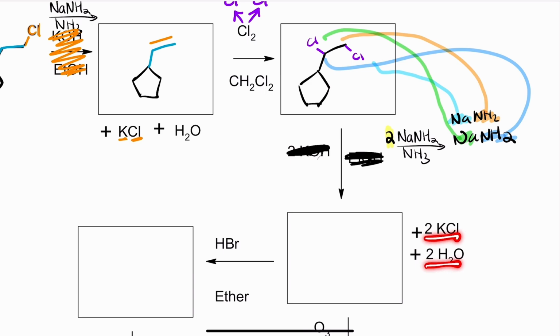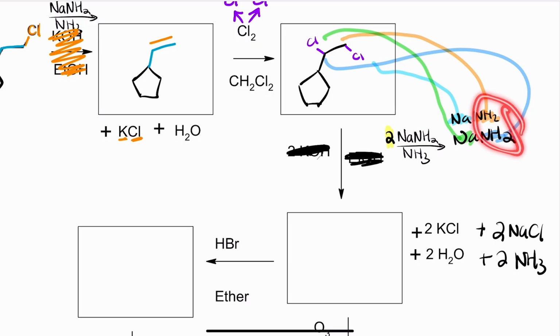That's why here, and this is written because of that, this would be plus 2 NaCl plus 2 NH3. Right, because the 2 turned to a 3 because we added a hydrogen to that one. We added a hydrogen to that one, so it made it NH3. It made this one NH3. So we got 2 of those, 2 of the NH3s right there.